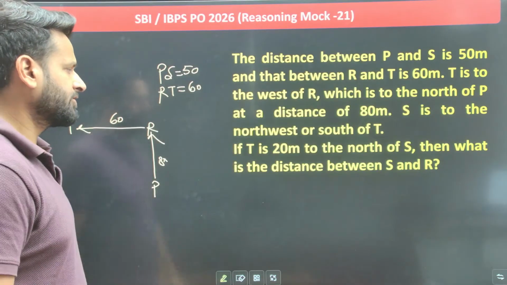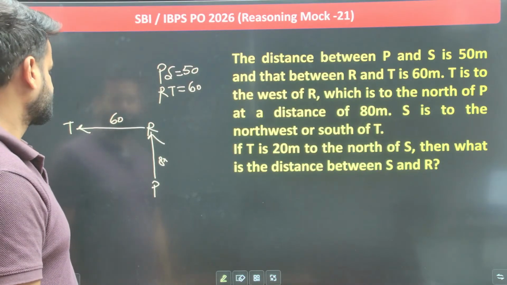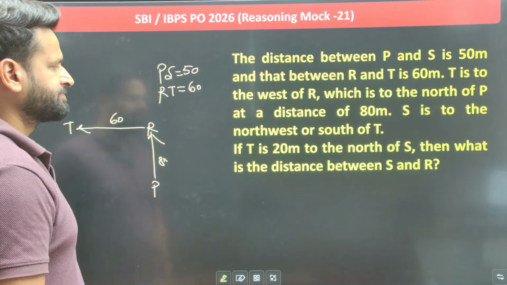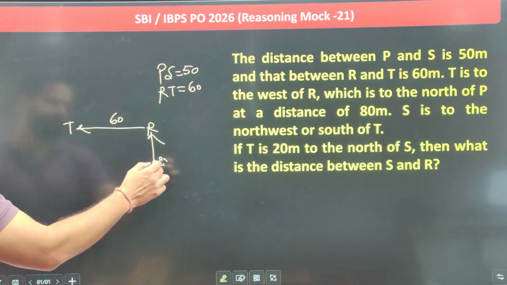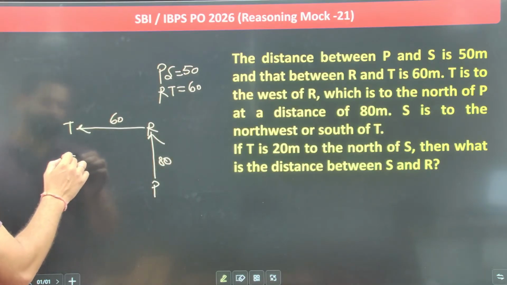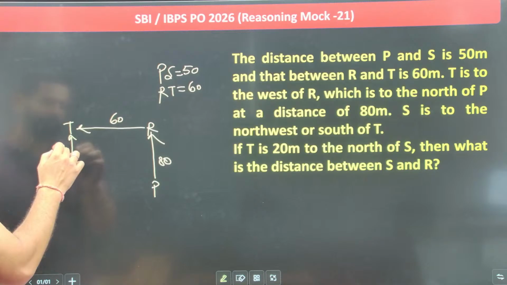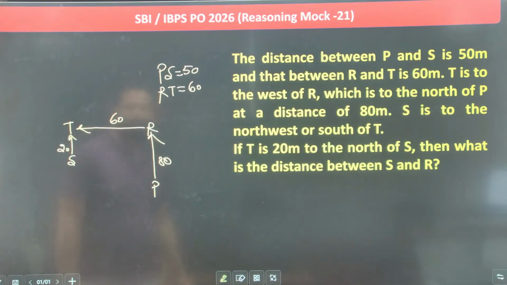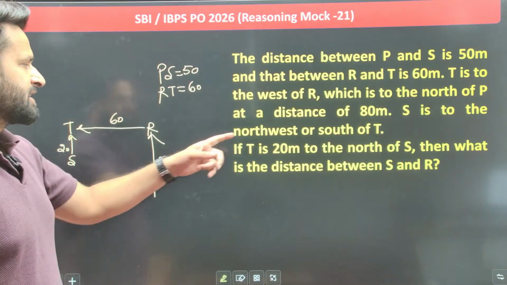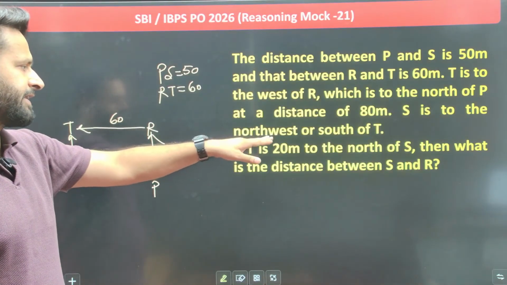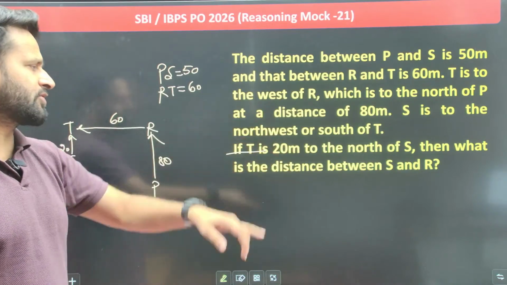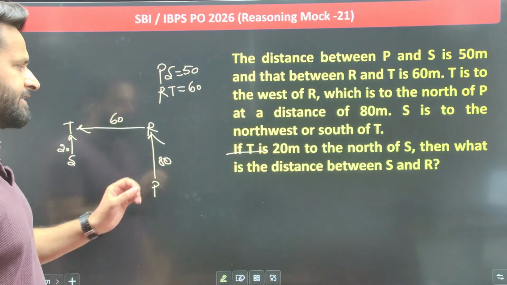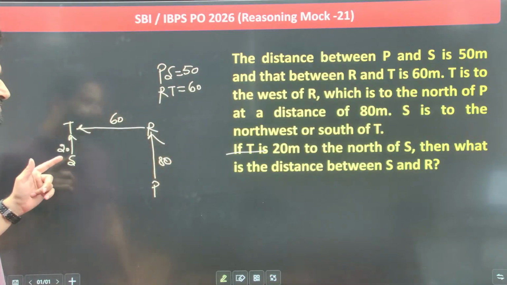S is either north, west or south of T. If T is 20 north of S, then distance between S and R is simple. So for this question, it is saying that if T is 20 north of S, right?